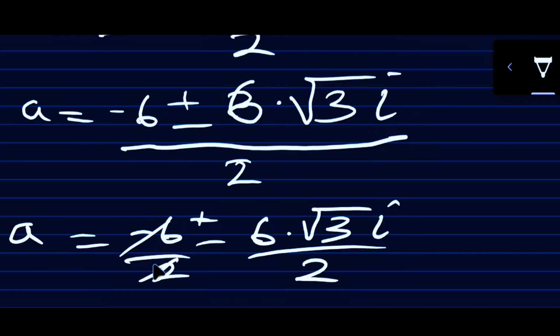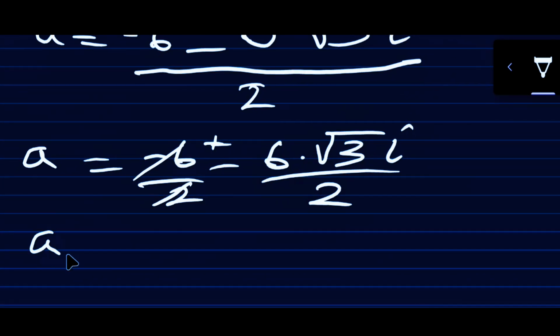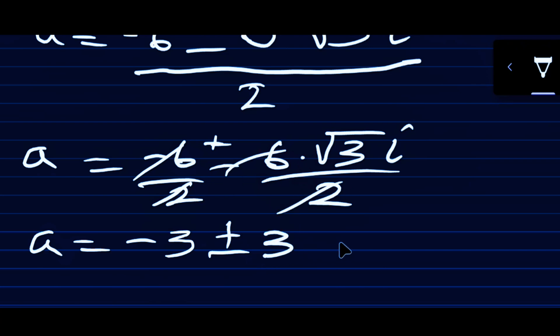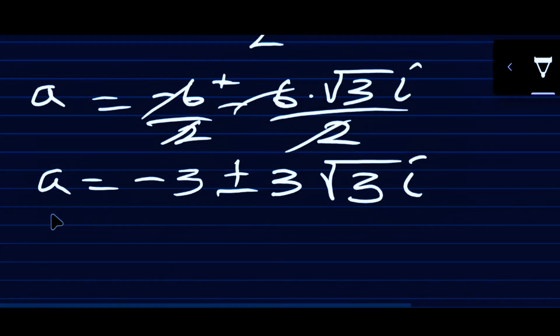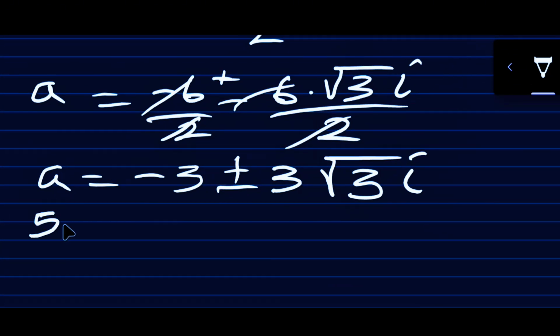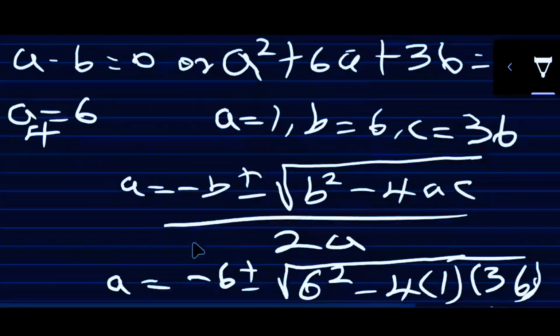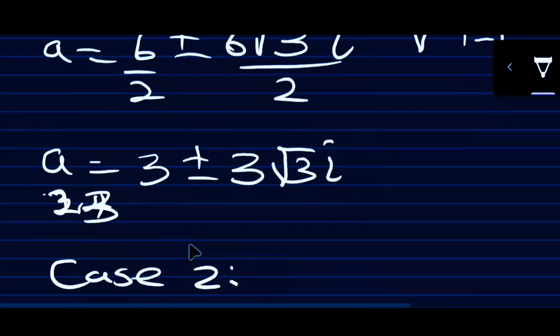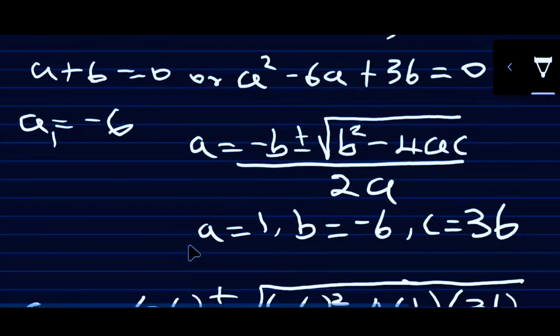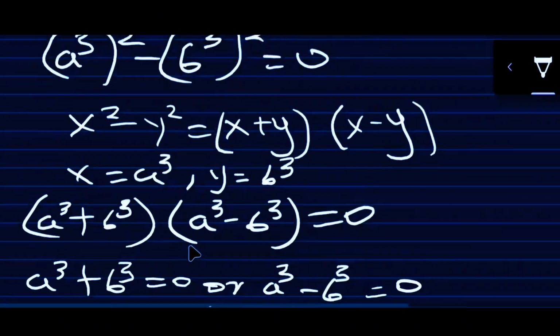So minus 6 divided by 2 will give us minus 3. So we have minus 3 plus or minus 6 divided by 2 will give us 3 square root of 3i. So from here we have a5 and a6. So we have been able to get all the values of a that we are expected to find in this given equation, which is the 6 values of a.